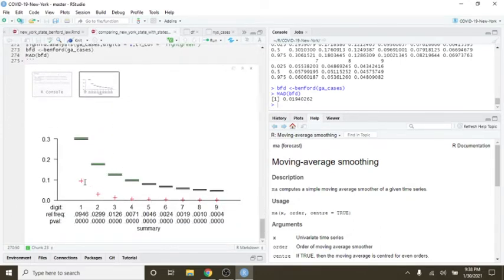There seems to be a consistent pattern, doesn't it? Cases fit Benford's law pretty good, but deaths don't.